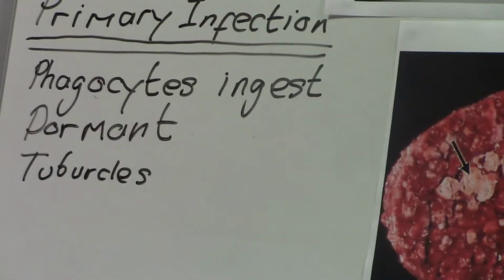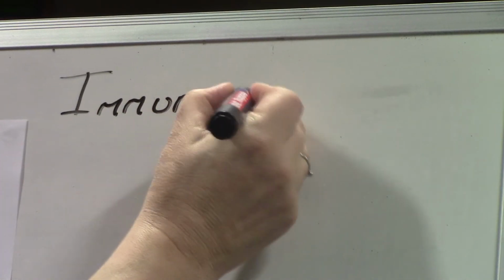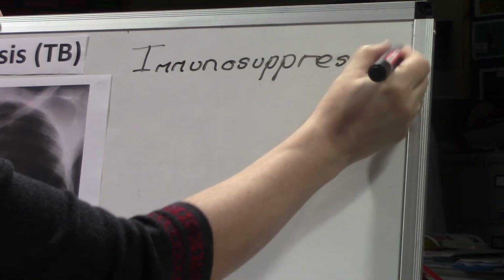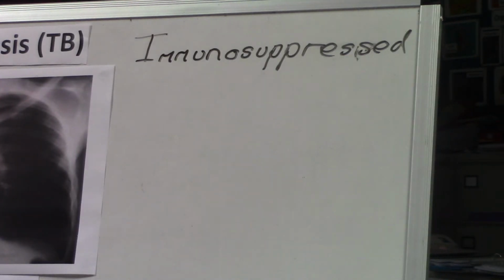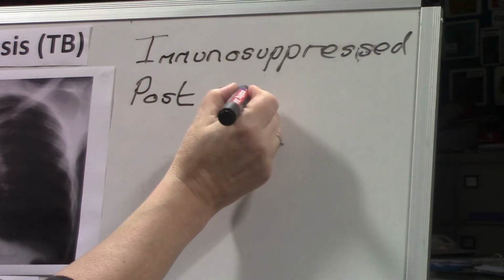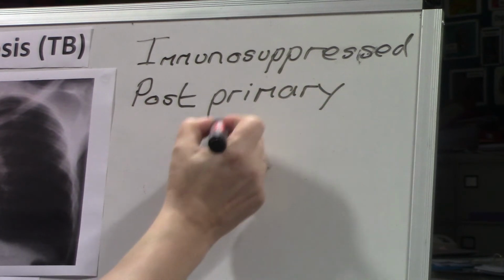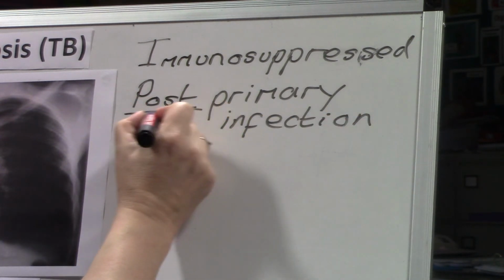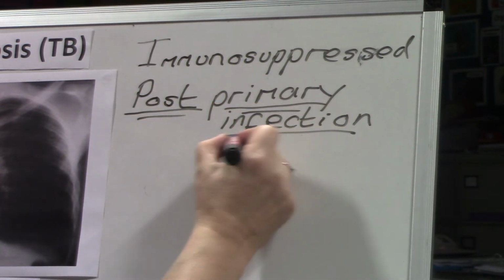Now then, if you're unlucky enough in future years, if you do become immunosuppressed, and that could be because you're having persistent infections, or it could be because you're on immunosuppressant drugs after surgery, or even actually with age, people's immune system does weaken, you can then develop what is known as the post-primary infection. Now, we never call that the secondary infection, because a secondary infection is something specific in biology. So it's the post-primary infection.